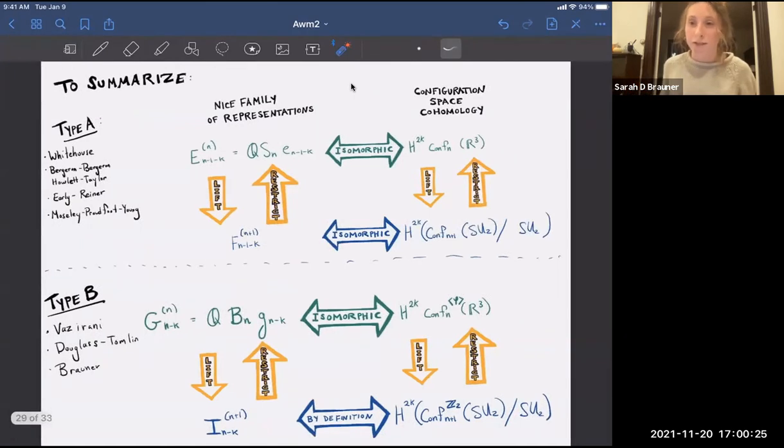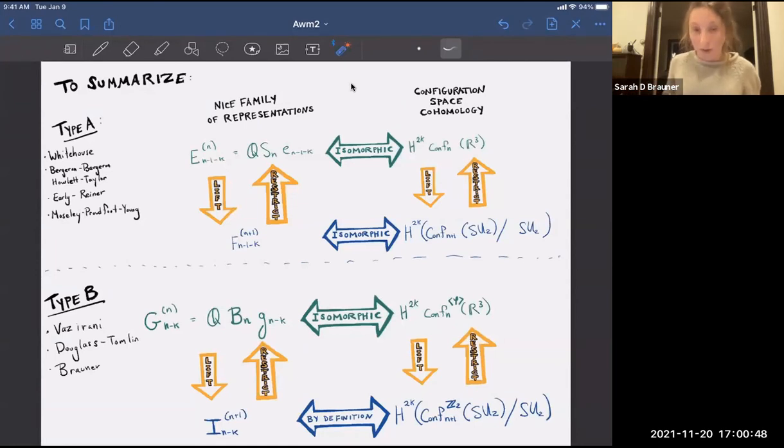Okay, and so here is a summary of what happened. This is my type A story, where I started with idempotents in the descent algebra, and I realized them as pieces of this cohomology ring of the configuration space, and then that whole story lifted to Sn+1. And then again, we have the same thing happening here.